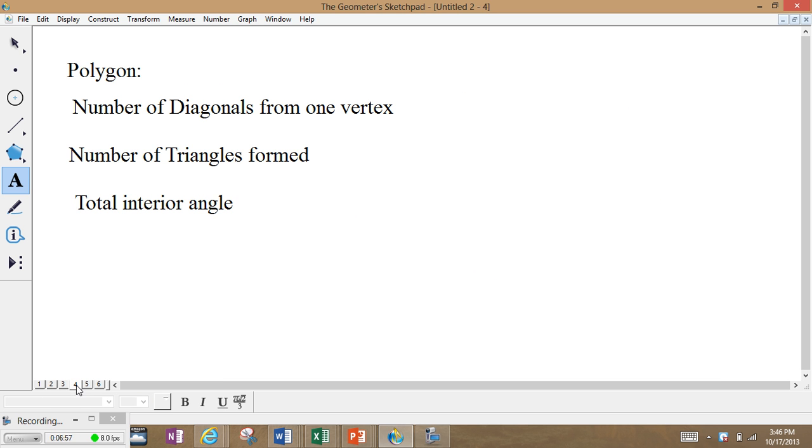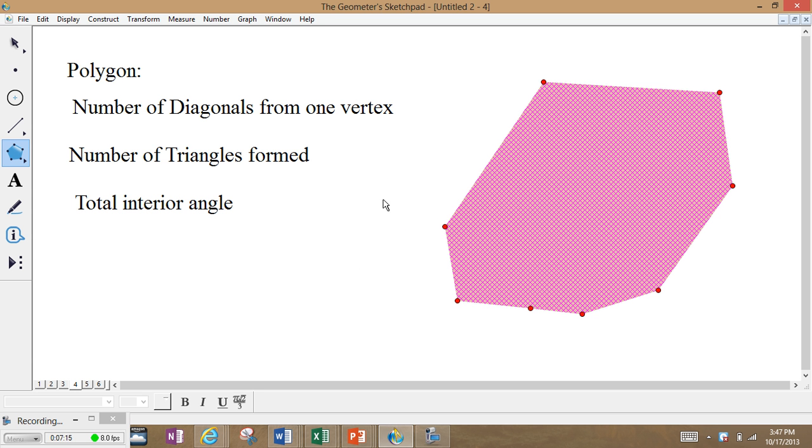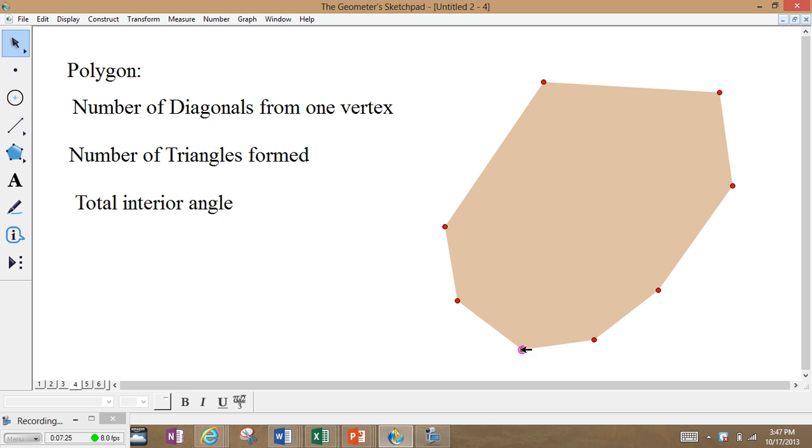Let's go and build, I don't know, let's just build however many sides we want. 1, 2, 3, 4, 5, 6, 7, 8. Stop there. Let me change this around a little bit and make it look a little bit more regular.